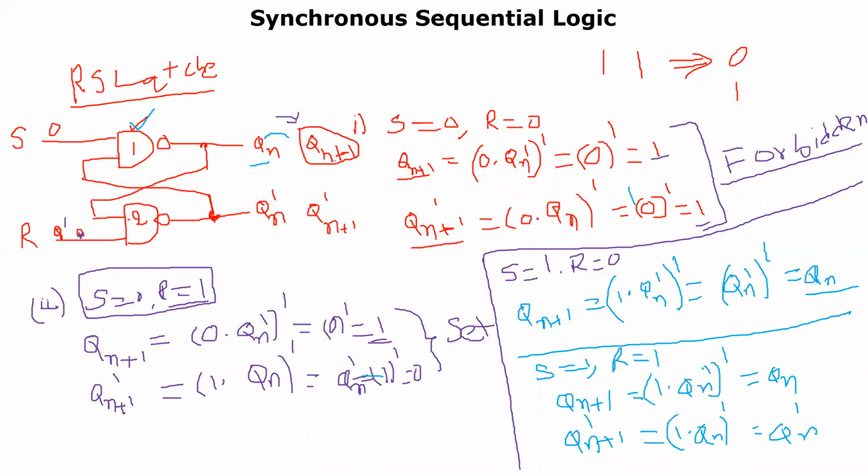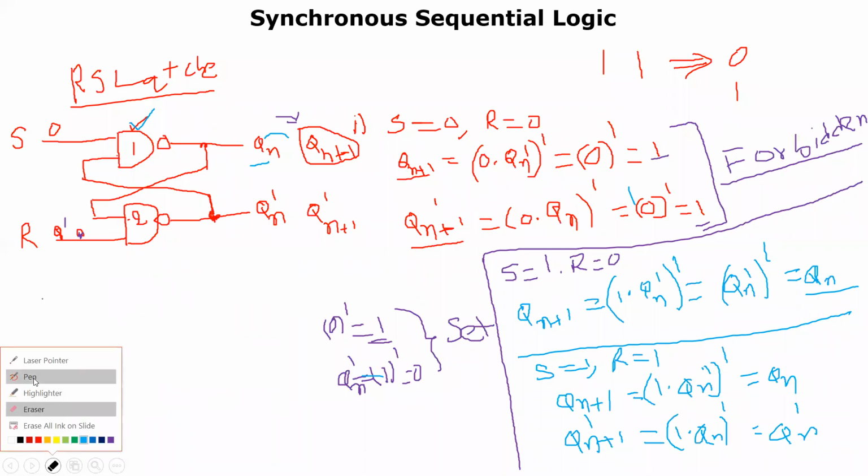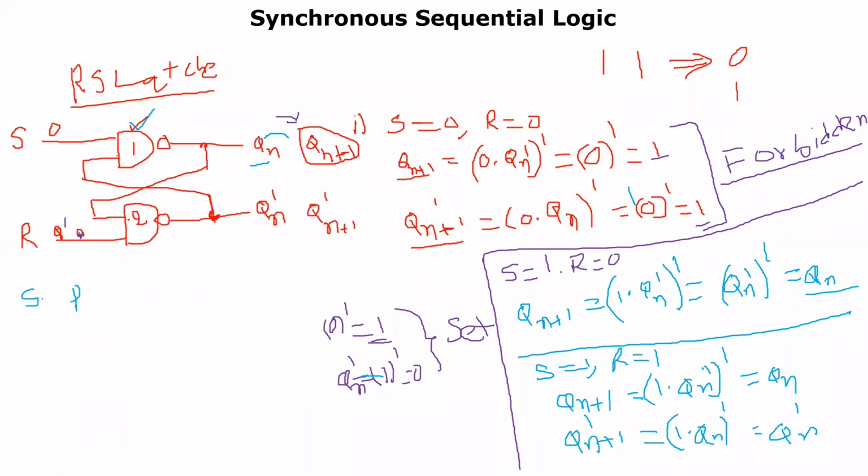So finally, how are the values supposed to be acquired here? What is the truth table for this particular latch? The truth table for this particular latch will be in this way. We have many inputs here. S is one input, R is another input, and you need to identify the Qn plus 1 value.